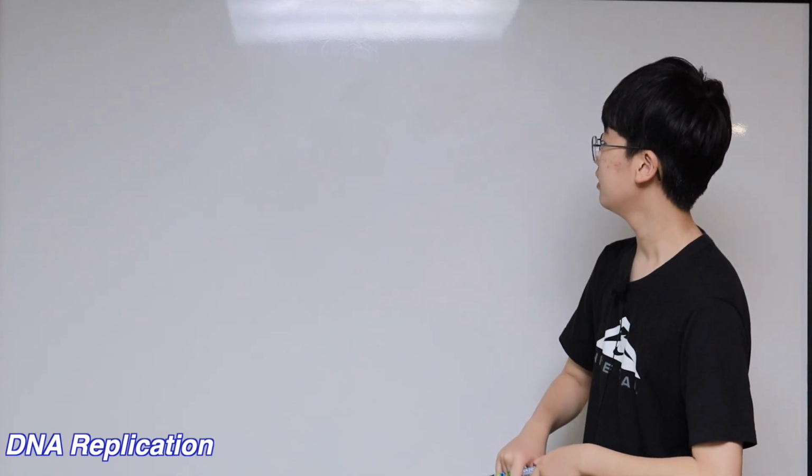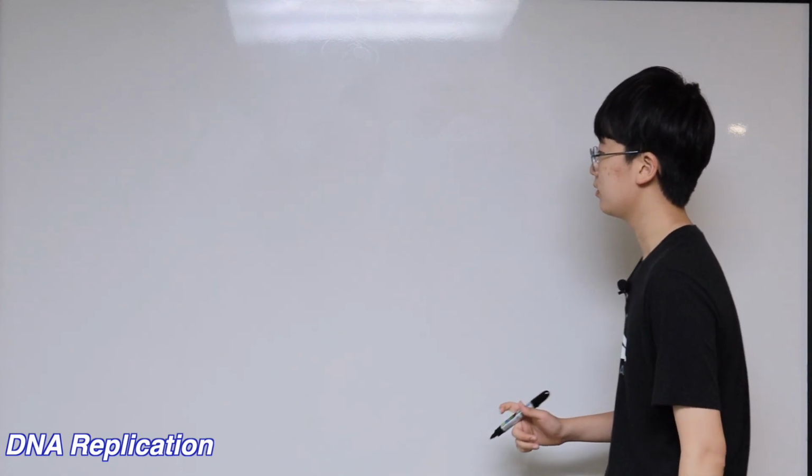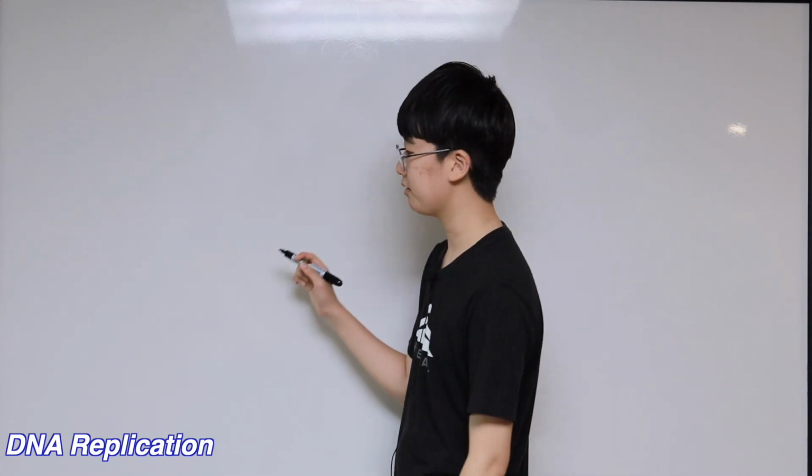Now about telomerases. Telomerase is another enzyme that is used in DNA replication. It has to do with lagging strands. At some point the replication is going to come to an end.